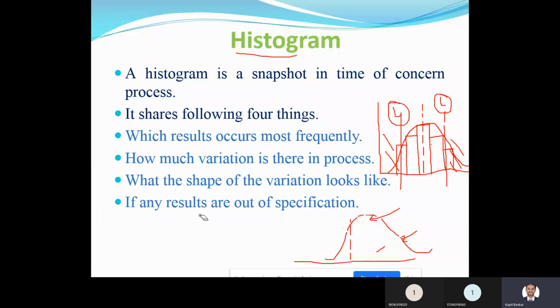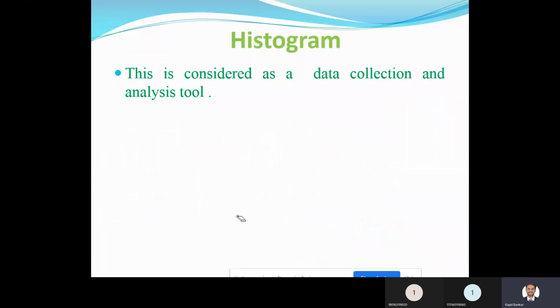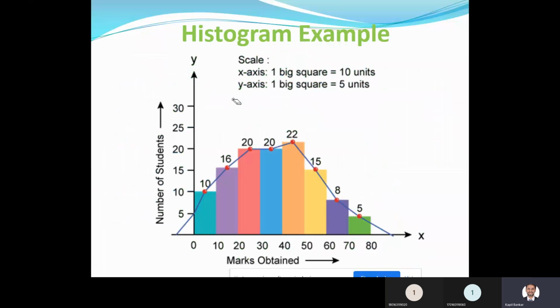And if some points are out of specification, you can see that. Okay, now this is considered a data collection and analysis tool. Histogram is a data collection and analysis tool. And this is a pictorial view of a histogram.